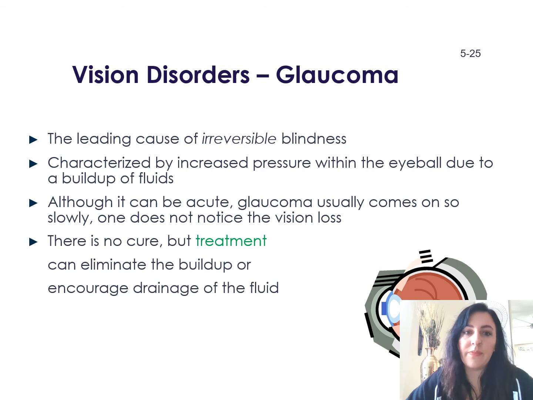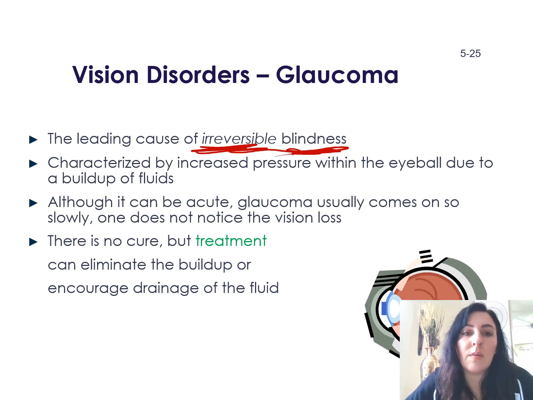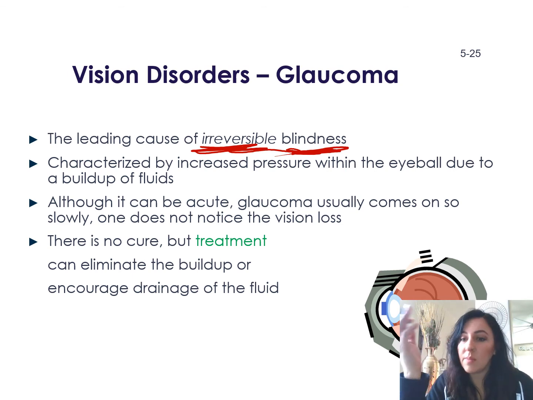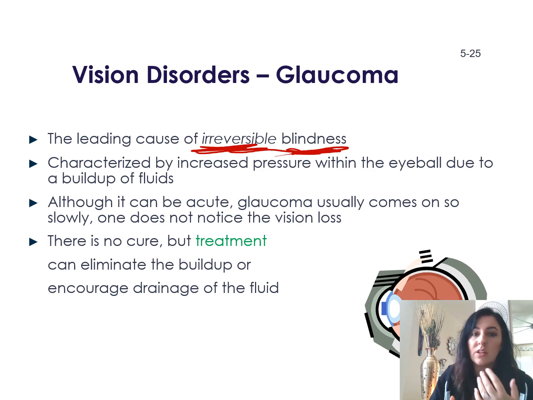Then we have glaucoma. This is the leading cause of irreversible blindness. You can't really go back from this. It is characterized by increased pressure within the eyeball due to a buildup of fluids, like too much fluid in your eyeball. It can be acute, an episodic thing, but it usually develops slowly over time.